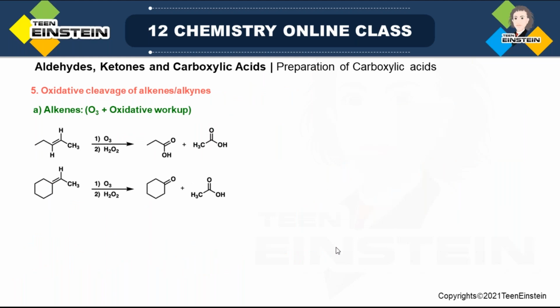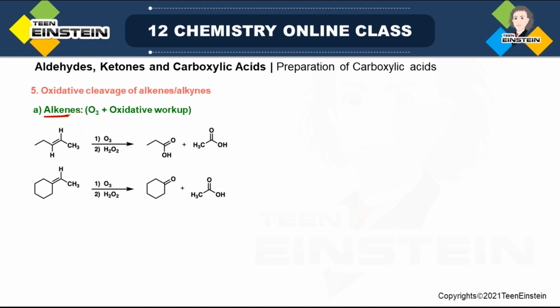Number 5 for preparation of carboxylic acid. Under number 5 we will have some sub-cases, but in general it is oxidative cleavage of either alkene or alkyne, that is, a CC double bond or CC triple bond. So first we'll see what happens in case of a CC double bond.